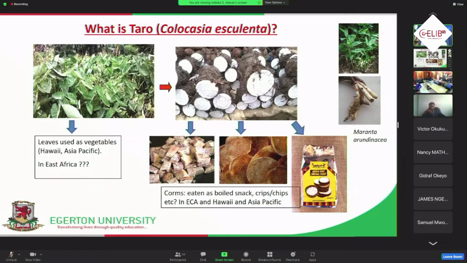In East Africa, the Indian community uses these leaves as a vegetable. So nduma or taro is a root crop that is well known in Kenya, and of course it has its own problems, especially in production, such as disease and other constraints, and availability of planting materials.